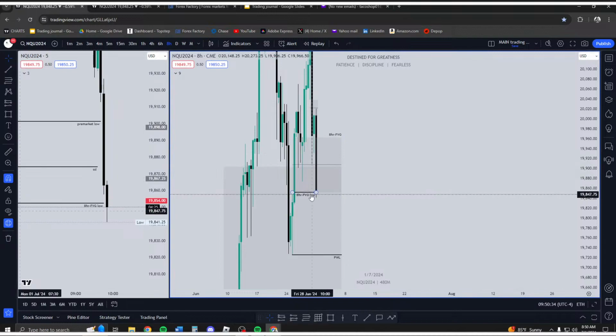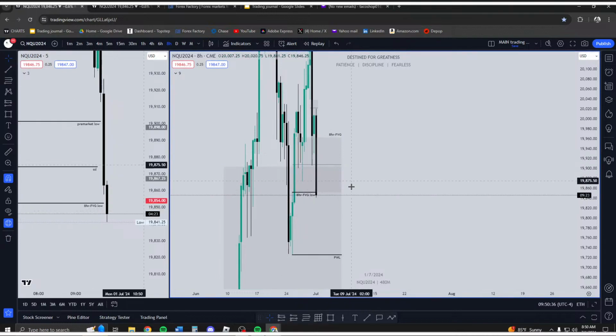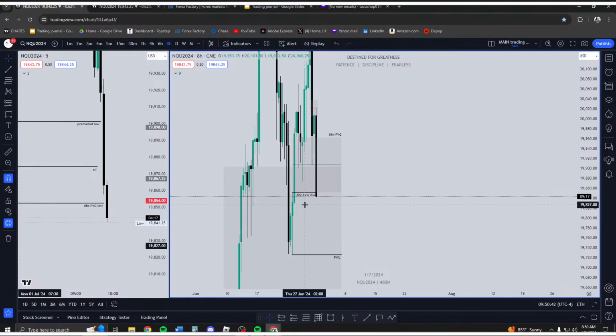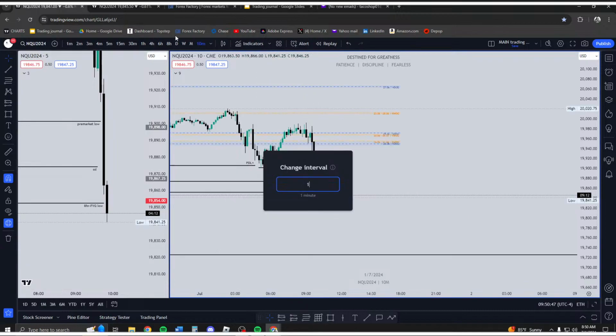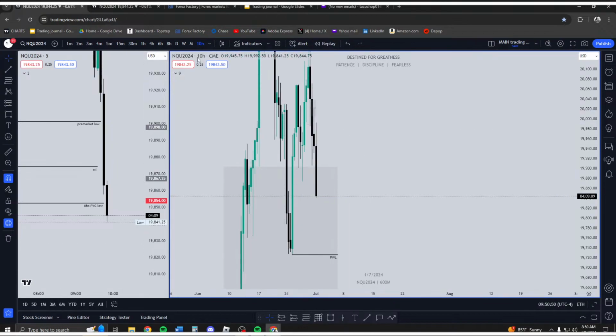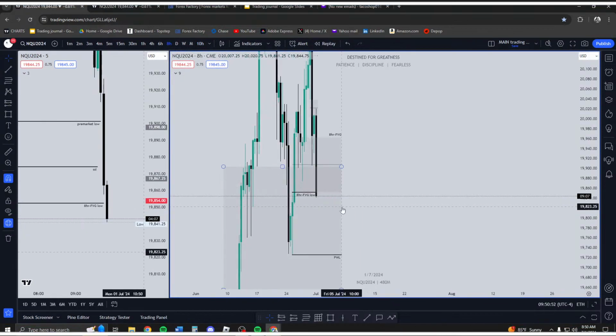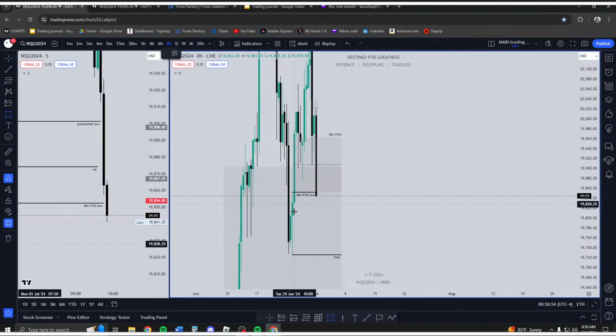So now if we can close below this 8-hour FVG, that means we will probably see lower prices and rebalance into this 8-hour FVG here. See it? Okay, so this is another FVG that we could rebalance to.